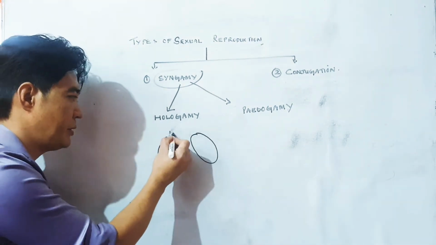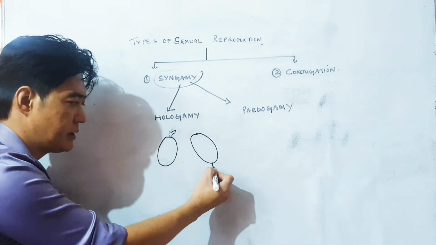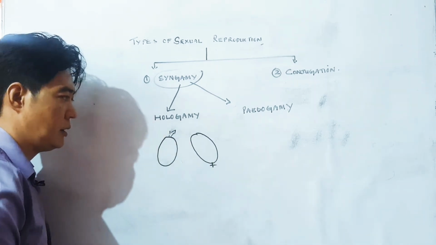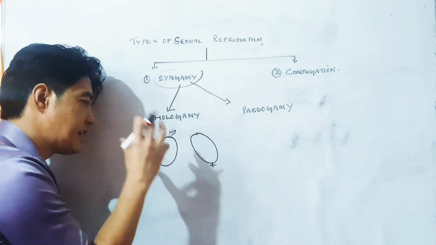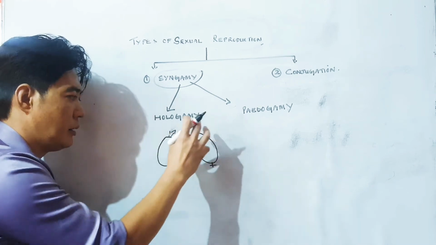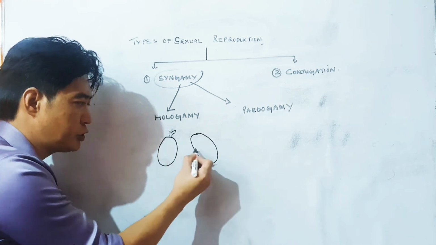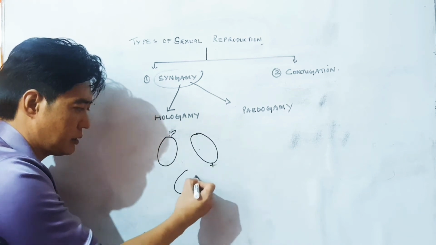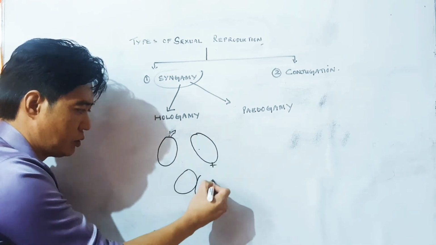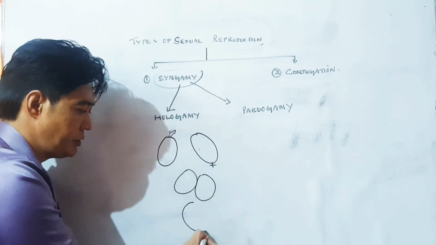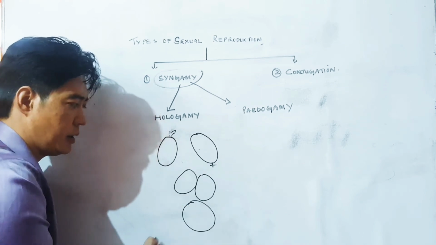Say for example, this is male and this is female. This whole matured cell acts as a different gamete. They fuse together to form a new individual in this way.